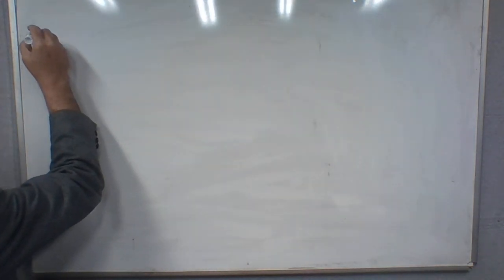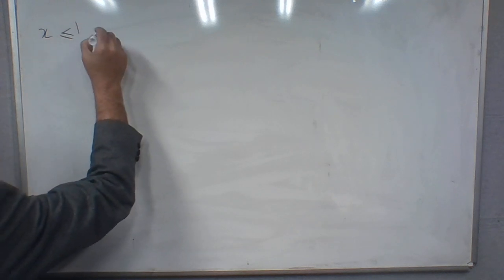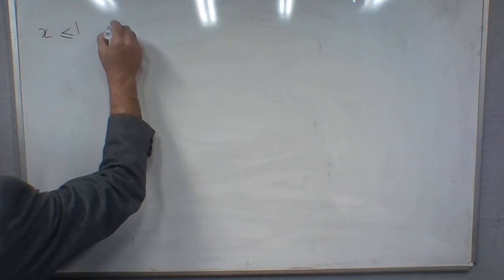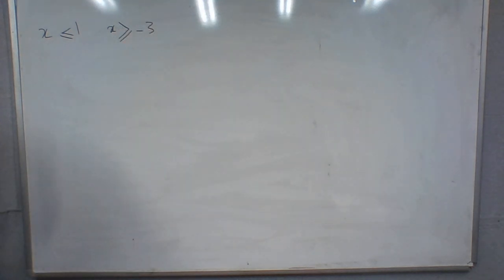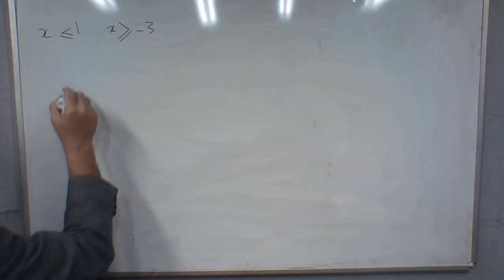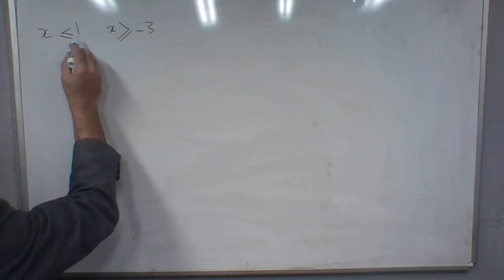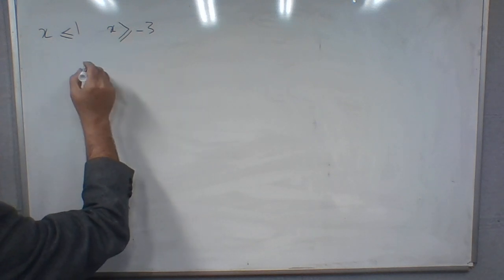Okay, so x is less than or equal to 1 and x is greater than or equal to negative 3. So in interval notation, 1 is the bigger number and negative 3 is the smaller number.